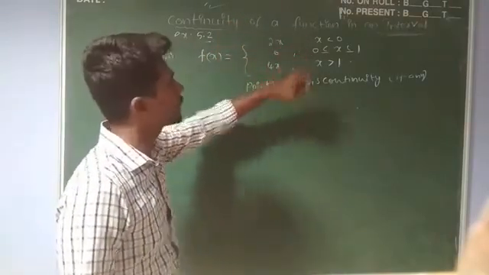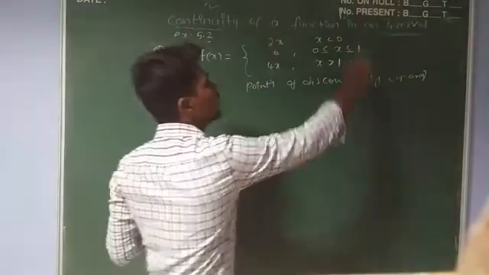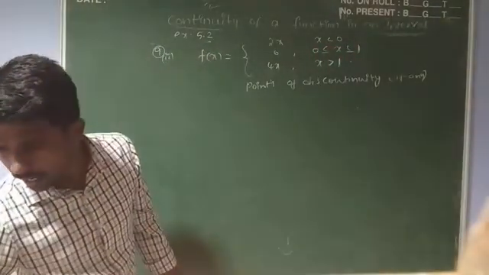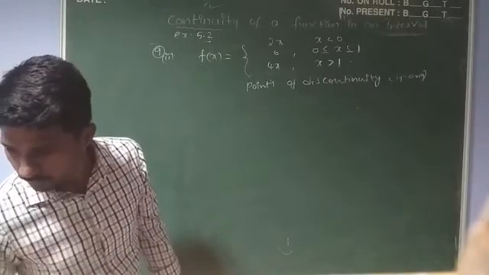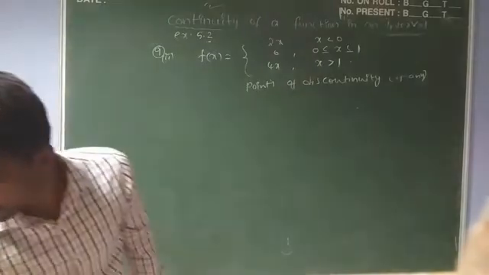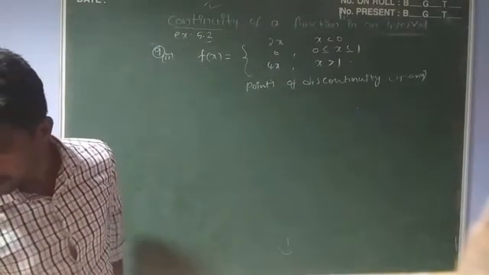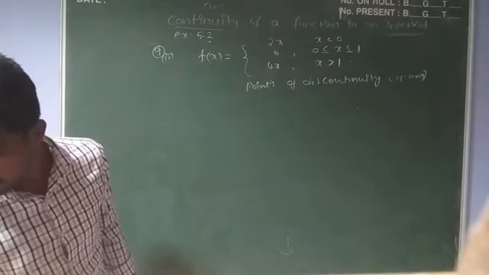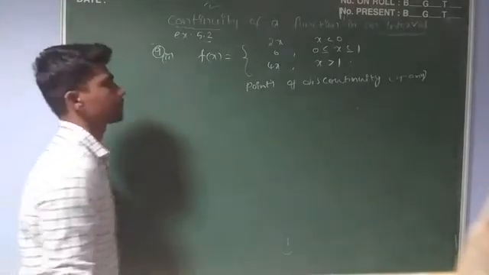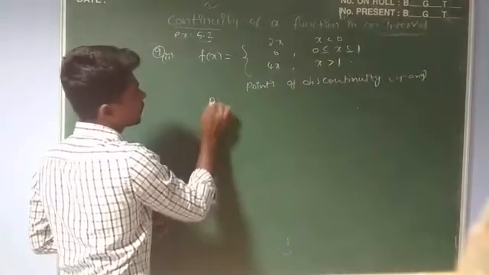So I have to examine the continuity of the function at all these particular points. So what I have to do? For this, what is the domain of the given function?